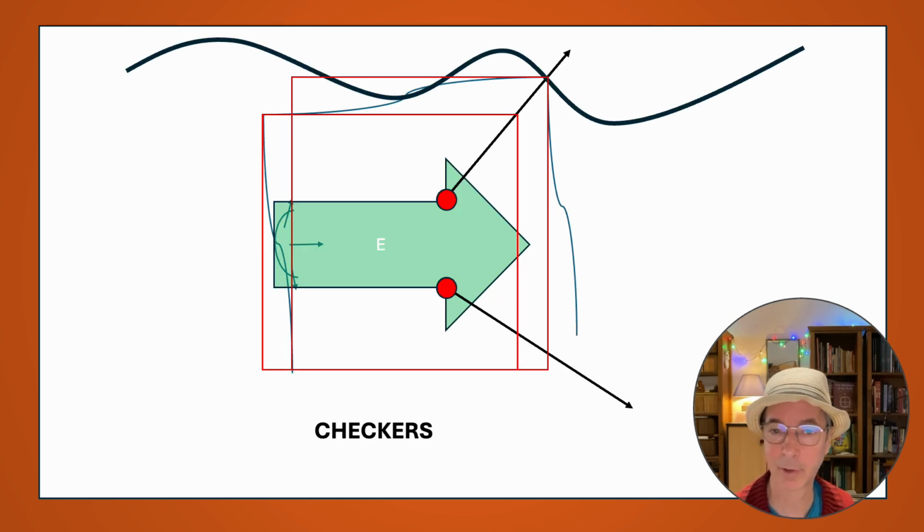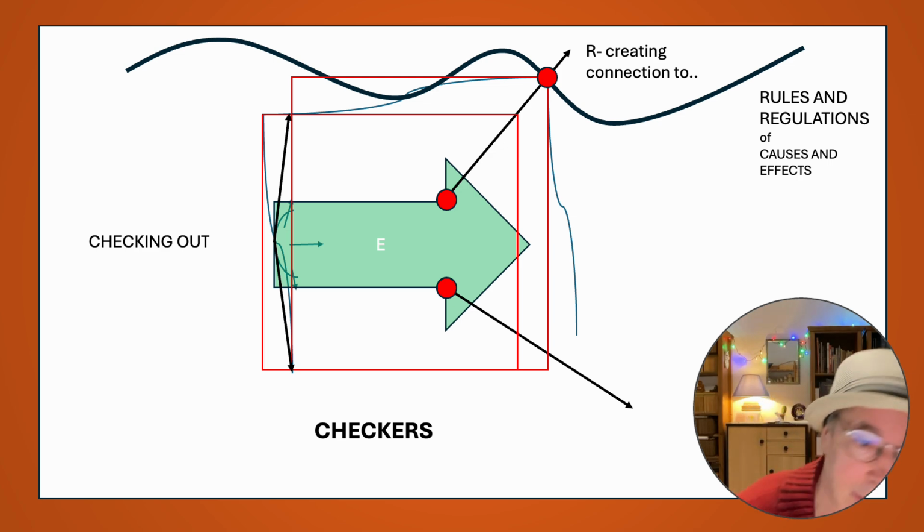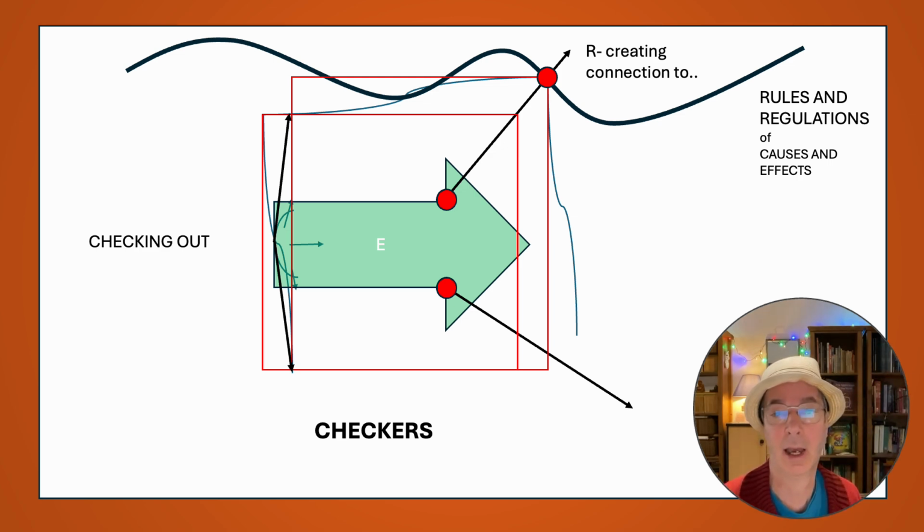Checkers is then the English word, which is a bit less clear, but it is the ch as well, just like before. You still have this frame from outside trying to estimate what is available there or not, just like checking out, and the S at the end as almost like the rules and regulations at the end of the after effects of causes and effects, with also these breaking points.